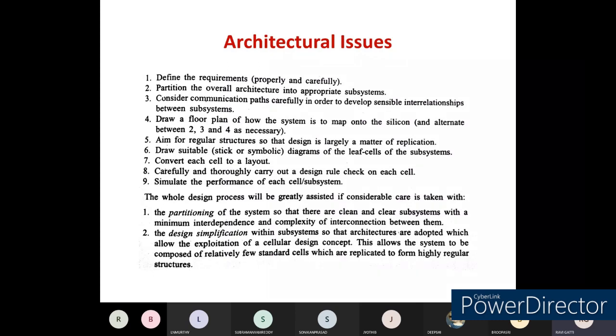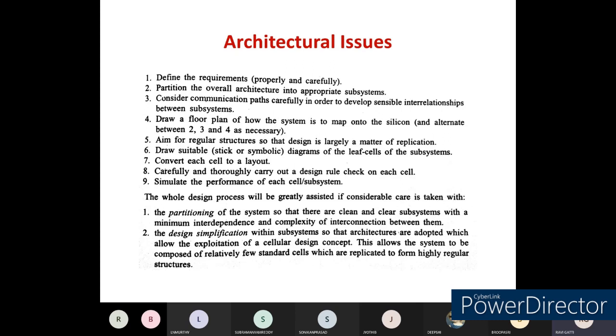All those things have to be communicated properly between the subsystems. That is nothing but the establishment of the communication path between two subsystems, which needs to be understood and analyzed properly before we go for the actual communication between the two subsystems. That has to be done.